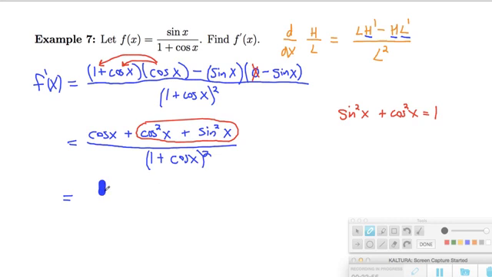So this is 1 plus cosine of x all over 1 plus cosine of x squared. Well, that's a 1 plus cosine of x times 1 plus cosine of x. So what's going to happen here is one of those can cancel.